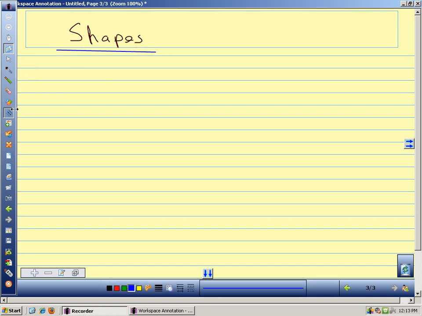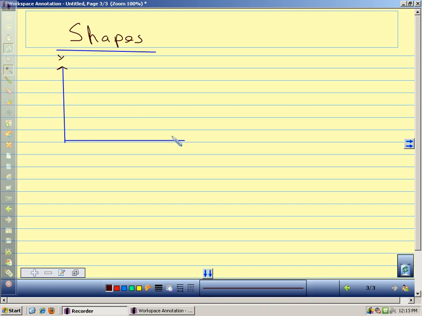So I'm going to draw a shape on a set of coordinate axes. So this is X and Y. And what the problems usually involve with these is finding a missing point. We know we have points for each vertex of some shape, and we want to find the missing point.